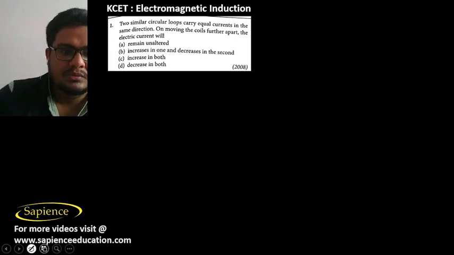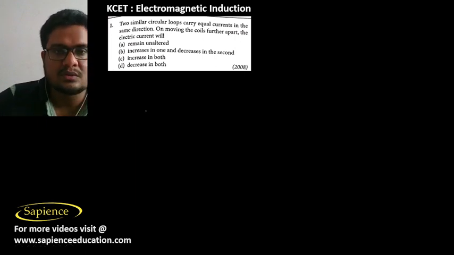So in question number 1, it is told that two similar circular coils carry equal currents in the same direction. Moving the coils further apart, the electric current will be... So two coils carry equal currents in the same direction.